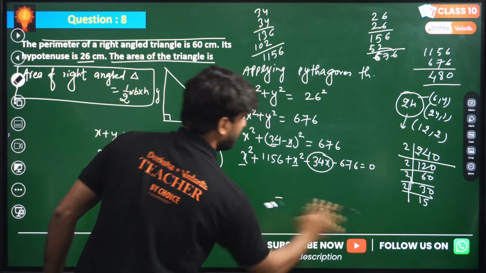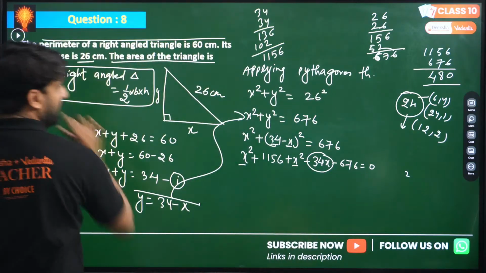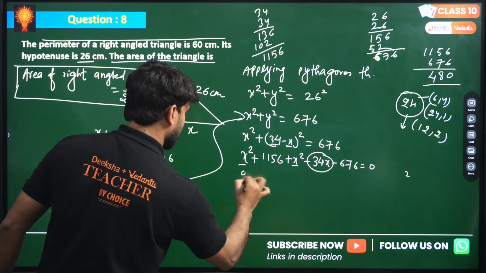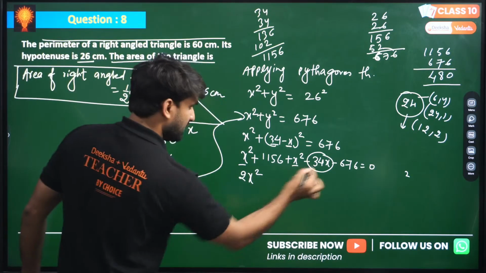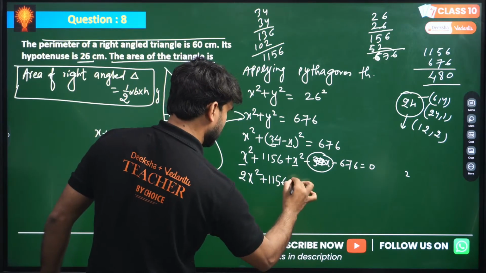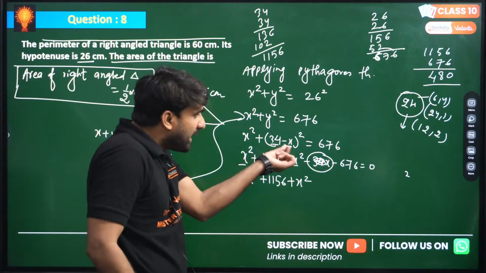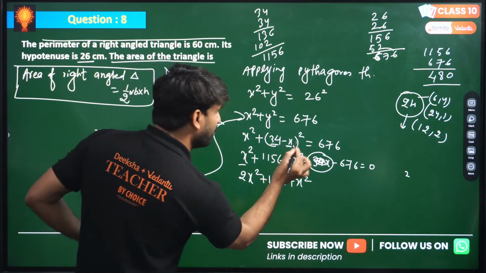Let me erase this first. So it would be x square plus x square, 2x square, and this plus 115x plus x square, a square plus b square minus 2ab. Minus 2ab means 2 into 34.